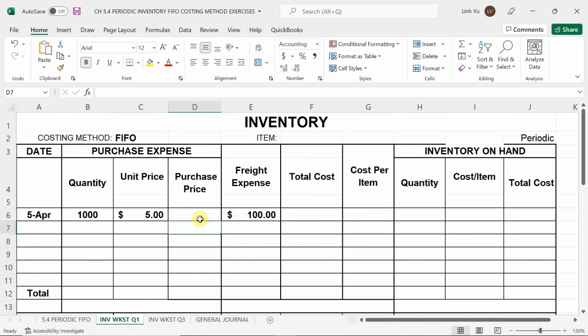It helps. So how do I solve for my purchase price? Quantity times unit price. I take my 1,000 and multiply with my unit price. I'm using simple math in Excel: taking 1,000, using the asterisk, which is your multiplication, and multiplying by the $5.